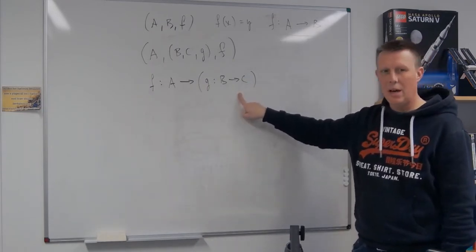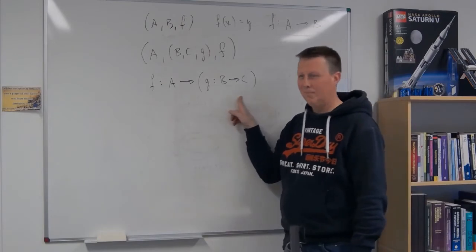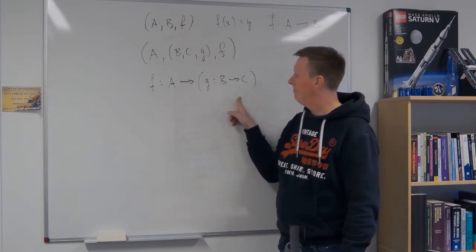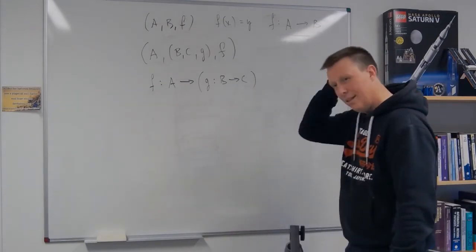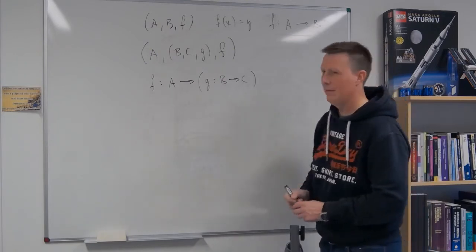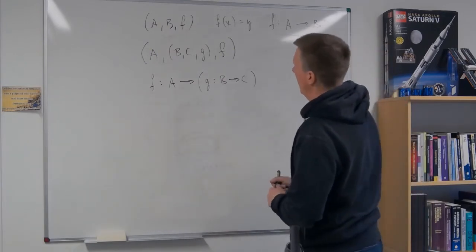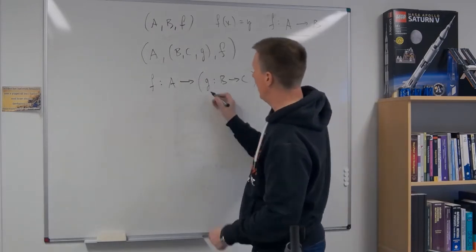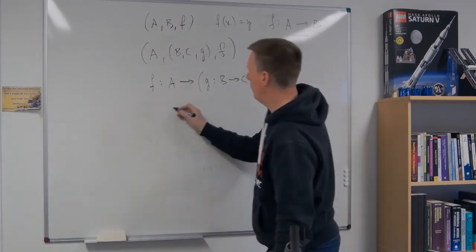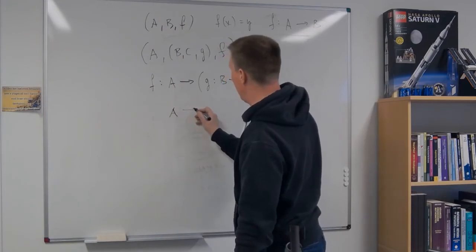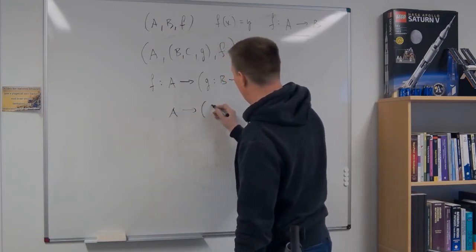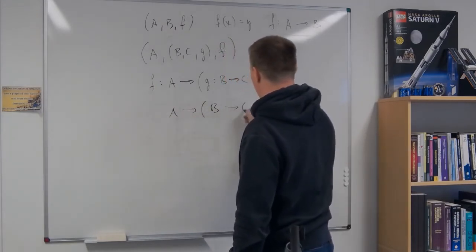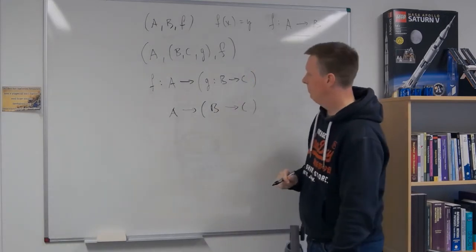And the question is, how is this useful? Well, let's look. So first of all, one of the first things we can do is we can actually rewrite this, because this is just a label. So what we really have here is something which maps an A into a B, which maps it into a C. Right?